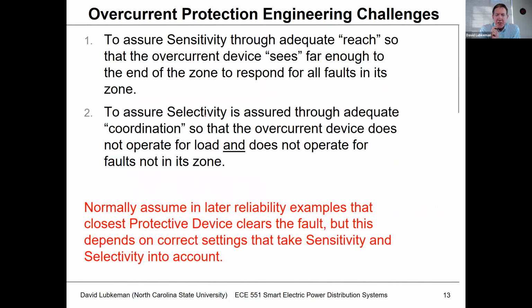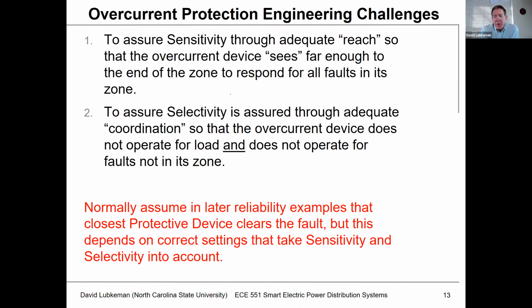So again, the challenge here is to make sure we have enough sensitivity in order to see these various types of faults. For example, if a top of feeder relay couldn't see a fault at the bottom of the circuit, perhaps we'd have to make sure we had a recloser there in order to make sure we can clear that fault.